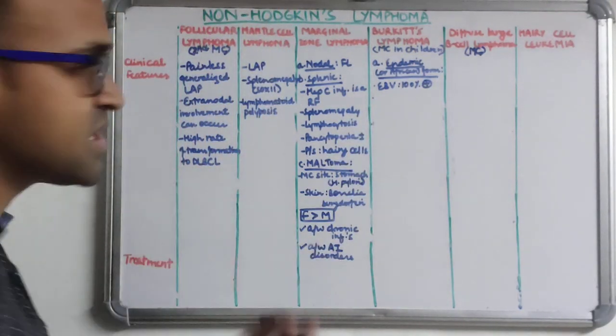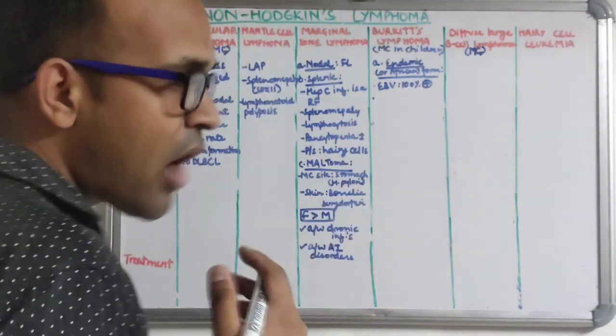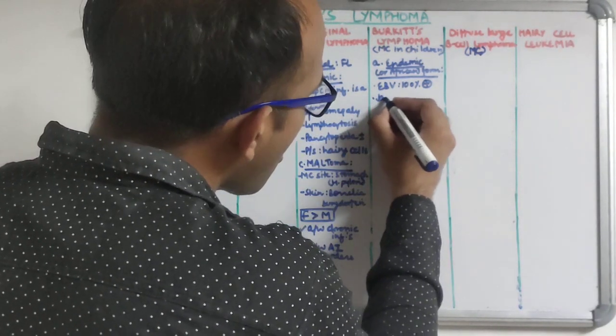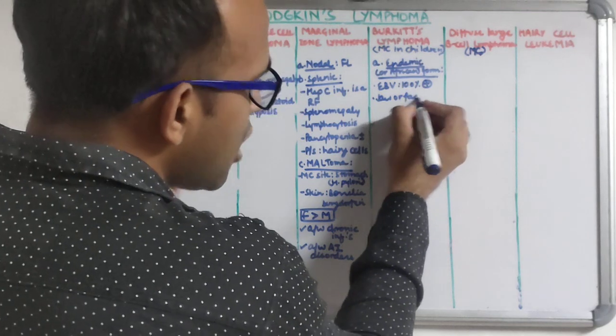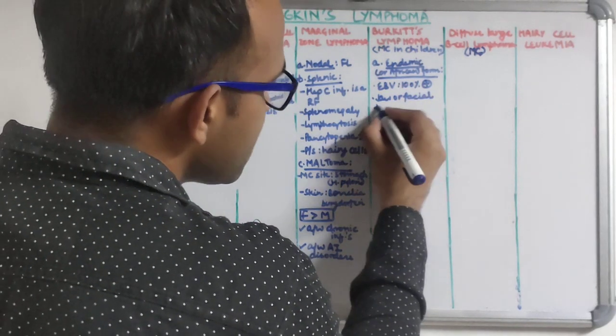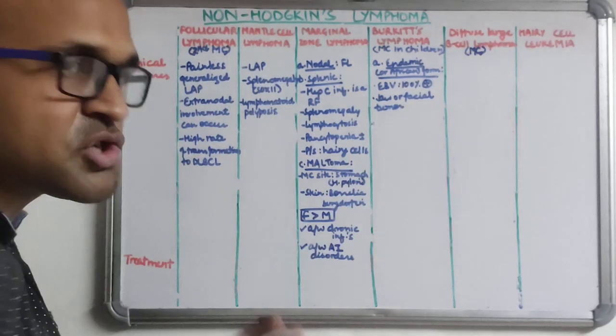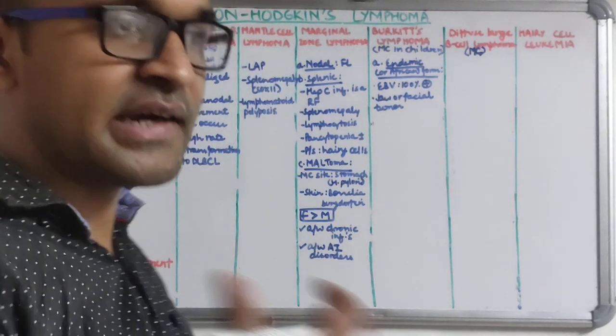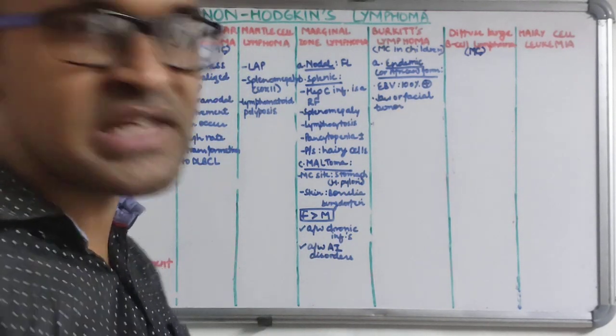Now, how do they present? They usually present with jaw or facial tumor, mandibular or maxillary mass, and then spreads to involve ovary, testes, kidneys, adrenals, bone marrow, CNS.